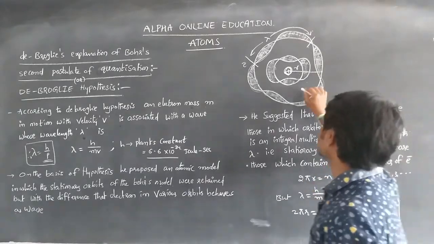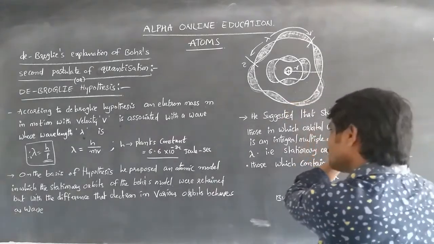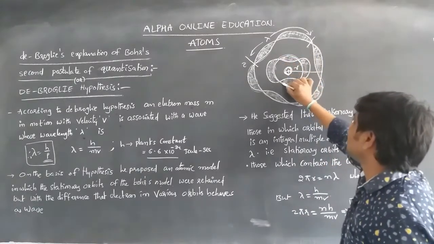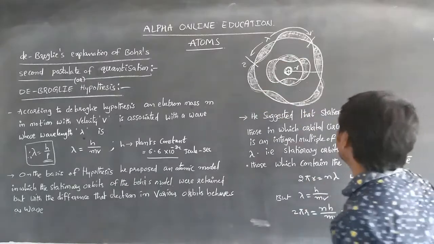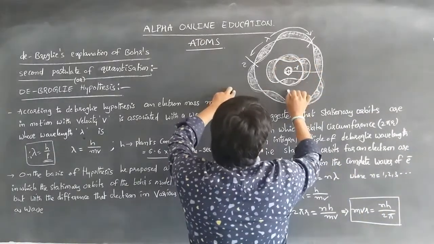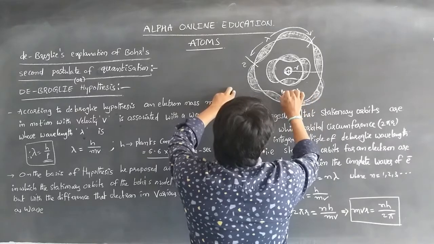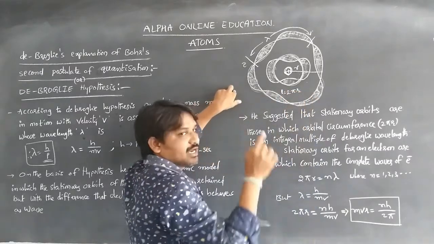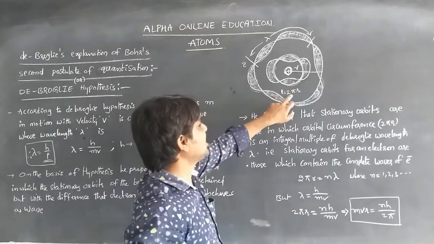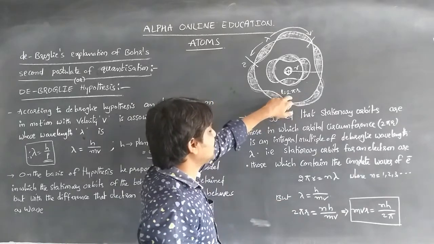He suggested that the stationary orbits are those in which the orbital circumference is considered. We know the orbital circumference, length L, is equal to 2 pi r. Whenever the electron is revolving, if it completes one circle along the circumference, the length will be 2 pi r.